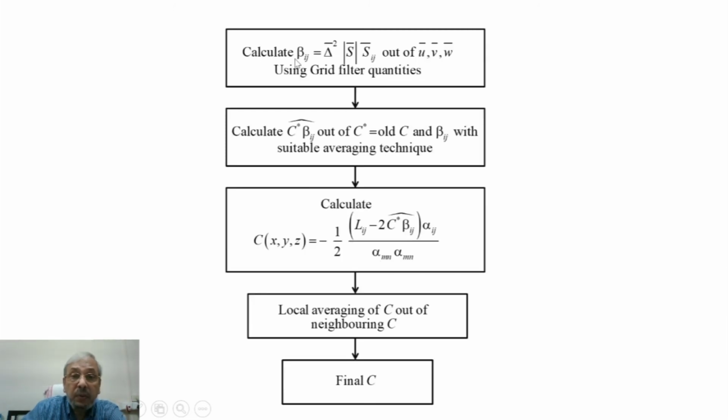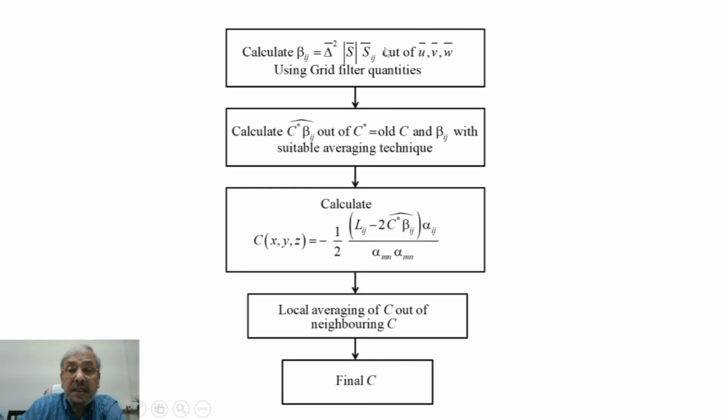Then calculate beta ij, which is the representative grid size at the grid level, delta bar squared, S bar mod into Sij bar.